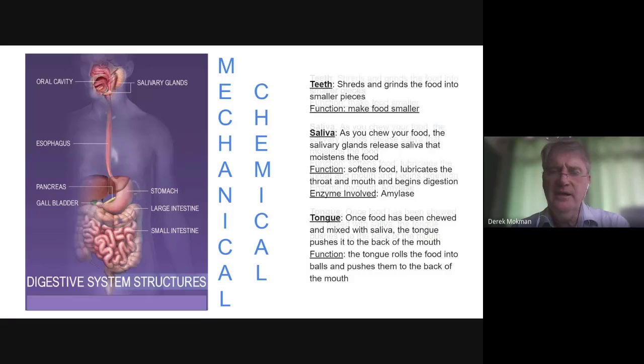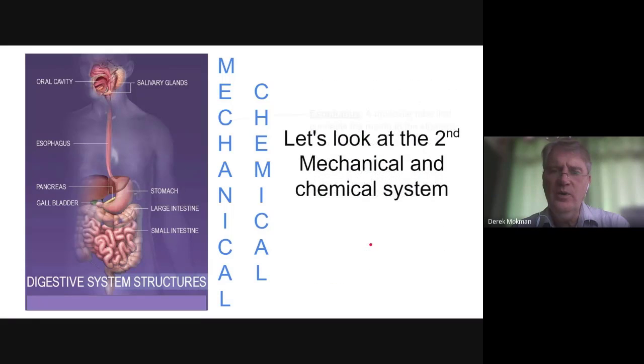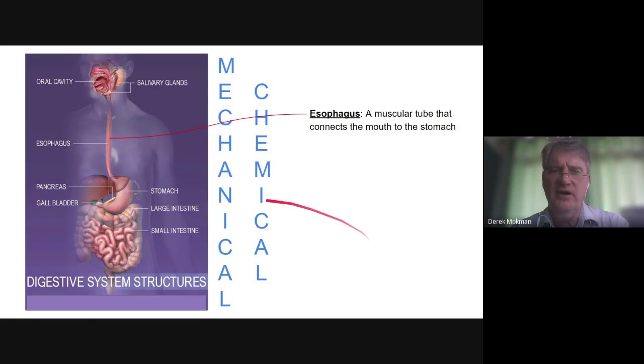And then we look at the mechanical systems of the esophagus. The esophagus is basically just a tube. So when the food leaves the mouth, it goes down this esophagus, down this tube here into the stomach. Now, mostly the esophagus is mechanical.